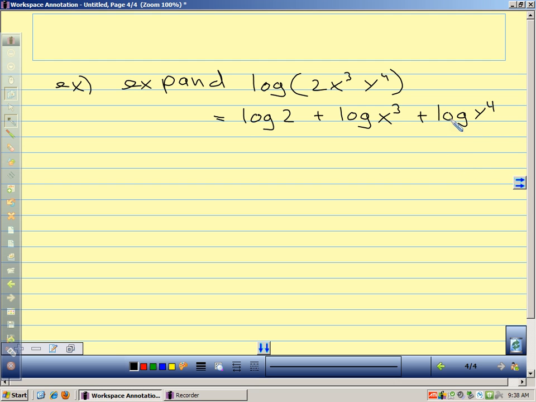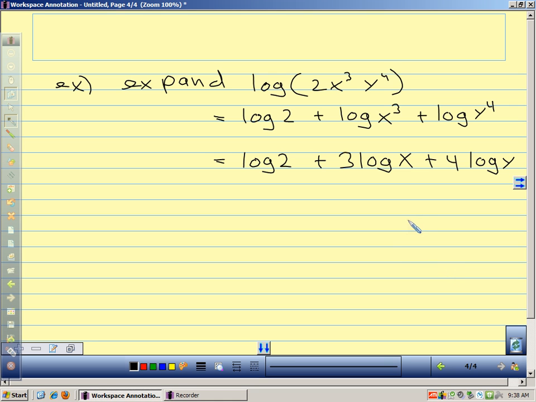So I've expanded it. Now I have a log of a number to an exponent. I can bring those exponents down. So this is log of 2 plus 3 log x plus 4 log y. And that would be our answer to this expression expanded.